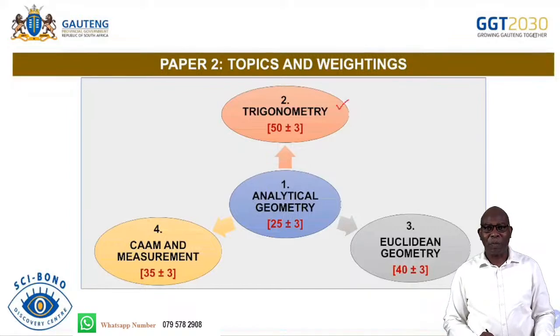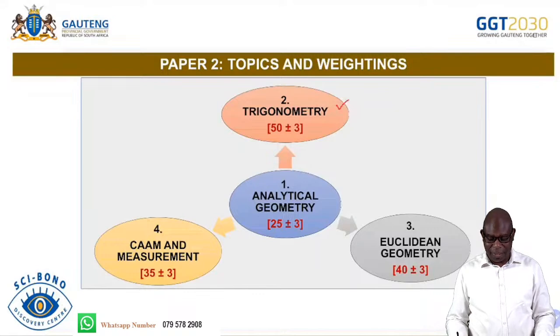The second topic will be trigonometry, and this is the order of the paper on Monday. The first part of the questions will be analytical geometry. The second part, from question 3 up to question 6, will be your trigonometry.